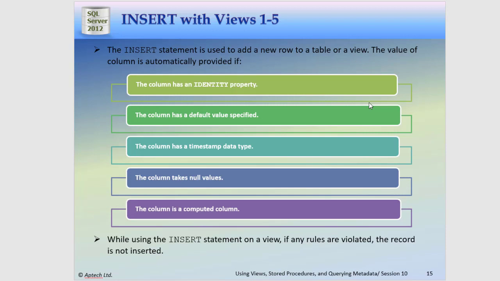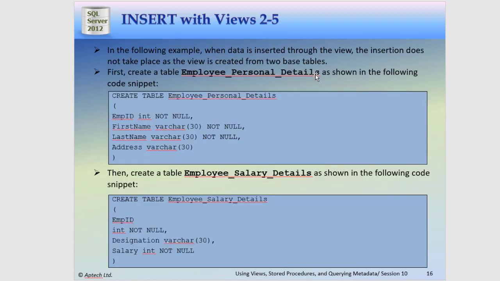Now, while using the insert statement on a view, if any rules are violated, then the record will not be inserted. In the following example, when data is inserted through the view, the insertion does not take place as the view is created from two base tables.